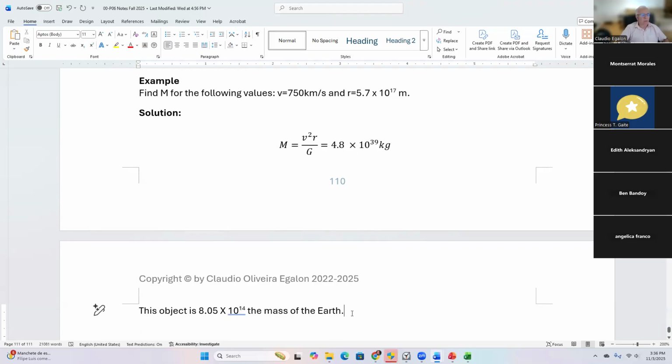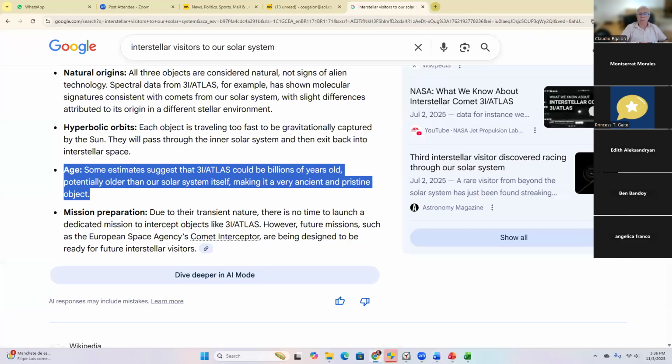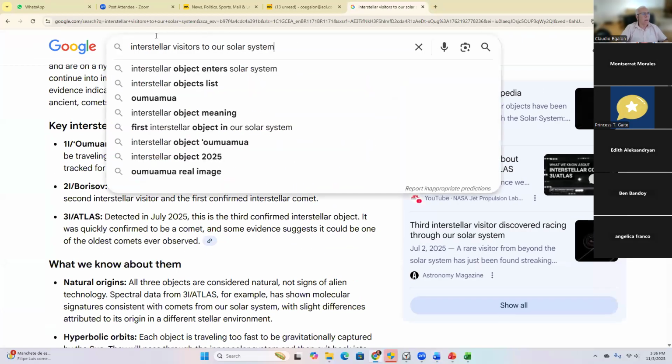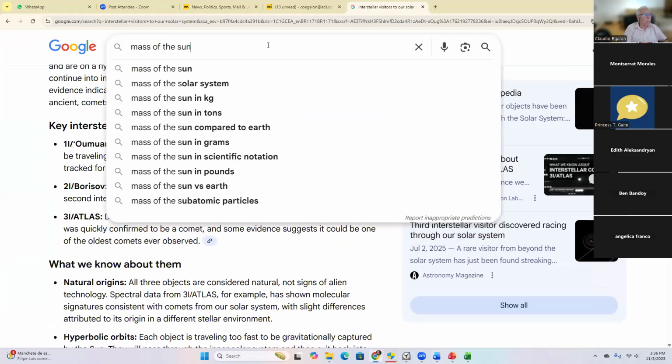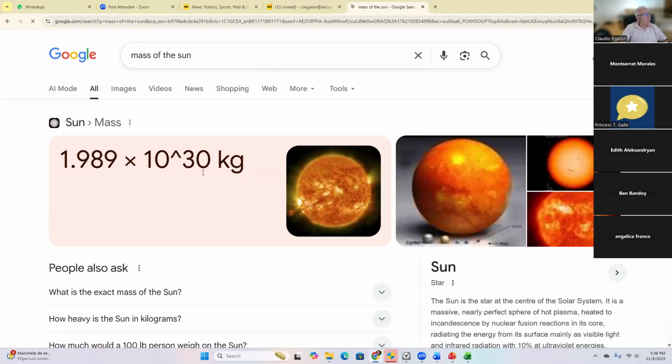And what about the mass of the sun? Let's see how it compares with the mass of the sun. It's 9 orders of magnitude more than the mass of the sun.